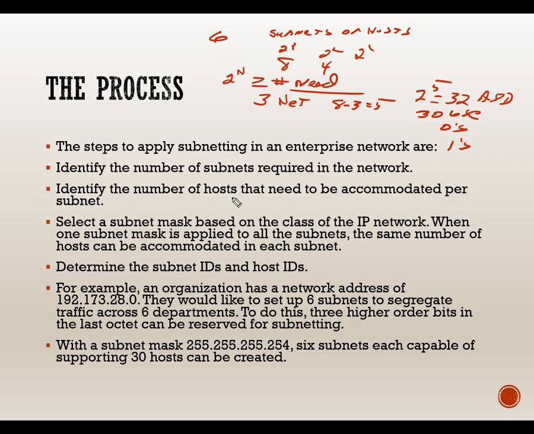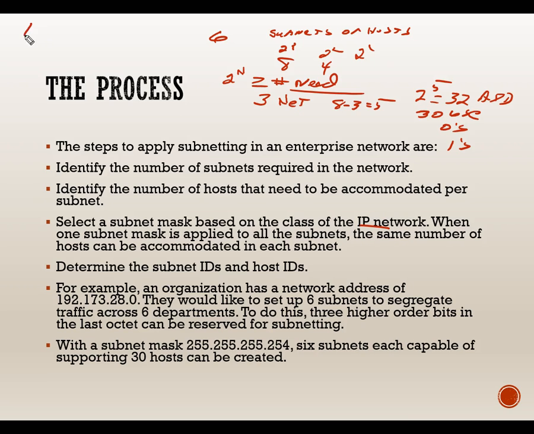So we identify the number of hosts that need to be accommodated per subnet, one or the other. You can't create addresses when we do this, and they'll work out when you do testing. Then select a subnet mask based on the class of the IP network.